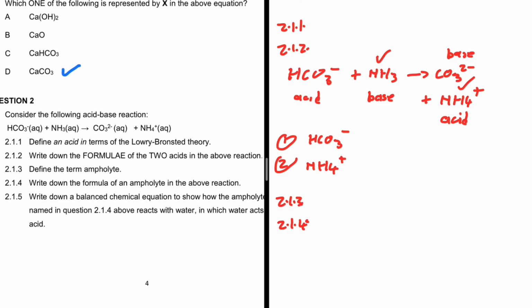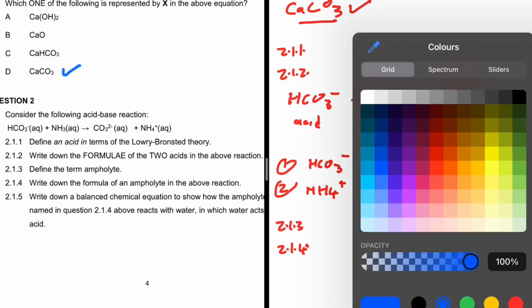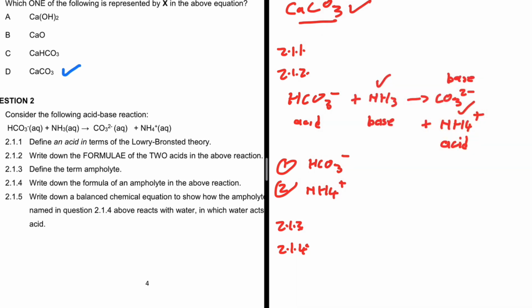So let's go ahead and take a look and see what is happening. So what is our ampholyte? Let's take a look at the reaction that we have. Let me just change my color here. I'm just giving myself some time to think. Right. So we have HCO3 minus and NH3.